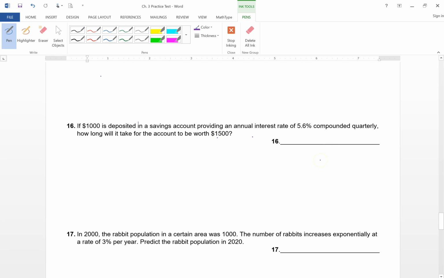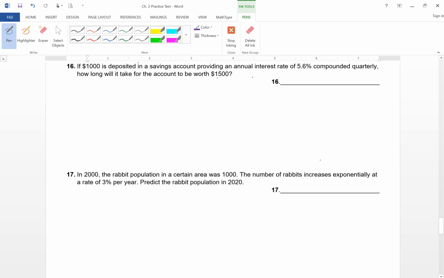All right, so if $1,000 is deposited in a savings account providing an annual interest rate of 5.6%, so r is 0.056, compounded quarterly, n is equal to 4. How long will it take for the account to be worth $1,500? So this time I want t.